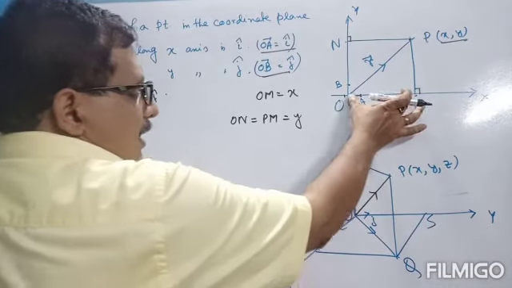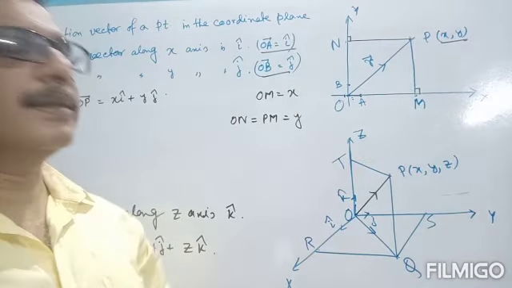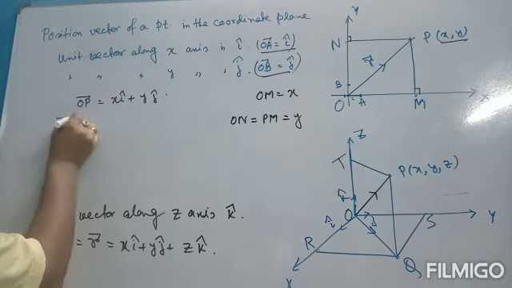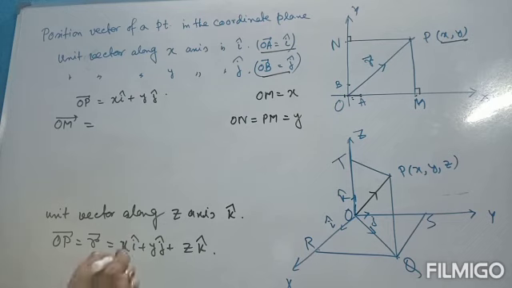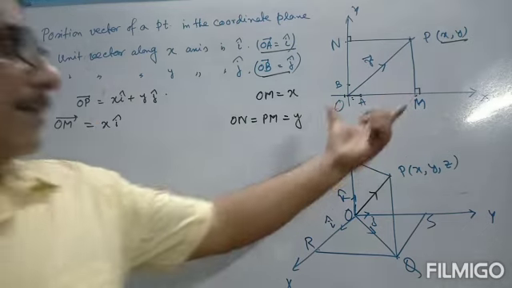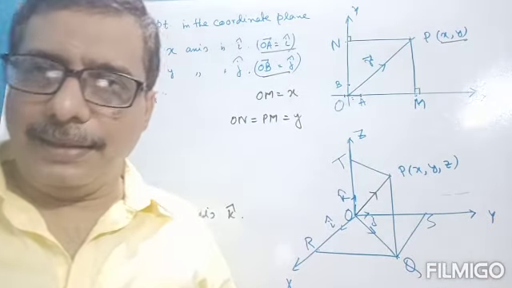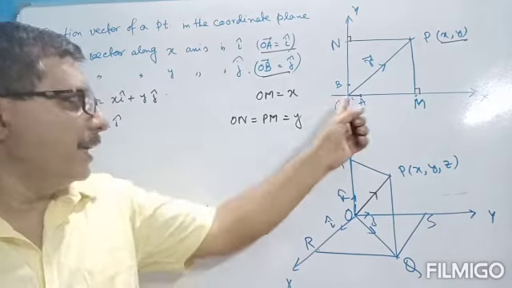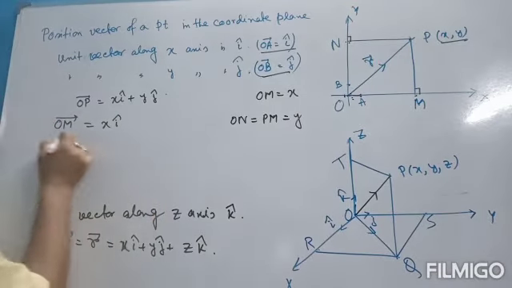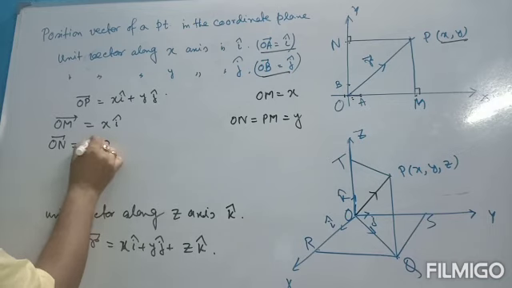Since the length OM is x, the vector OM in vector notation is x times i cap, since the magnitude is x and the unit vector along the x-axis is i. And the vector ON is nothing but the vector MP.